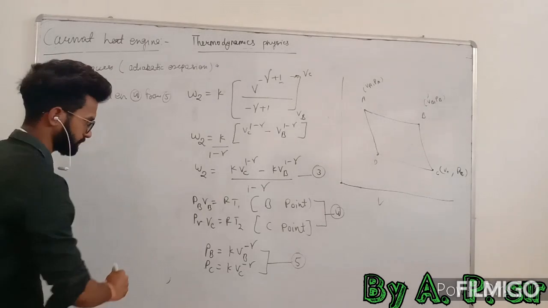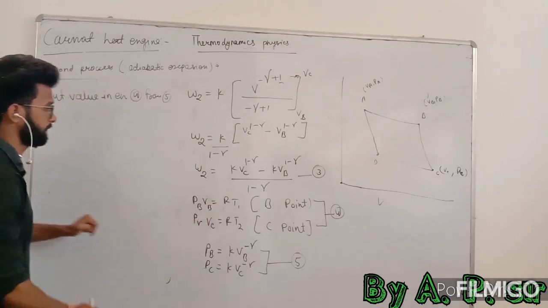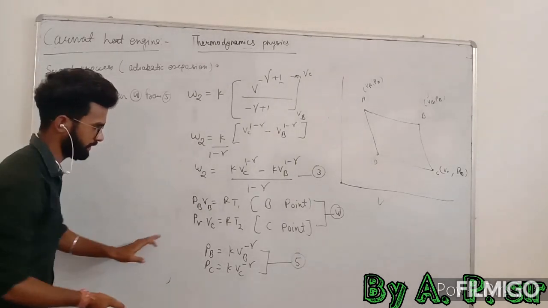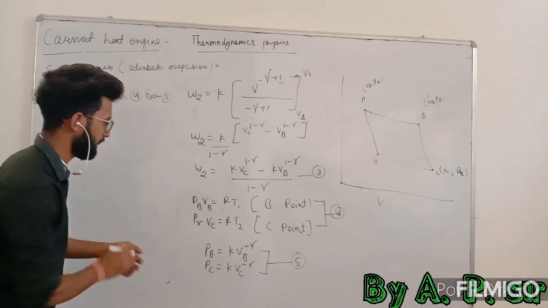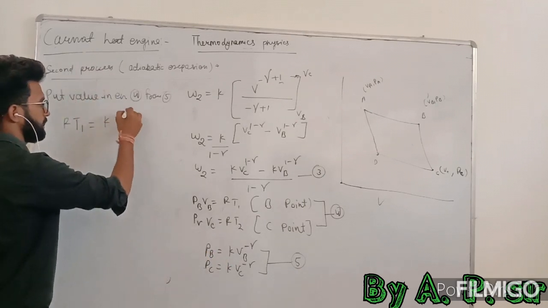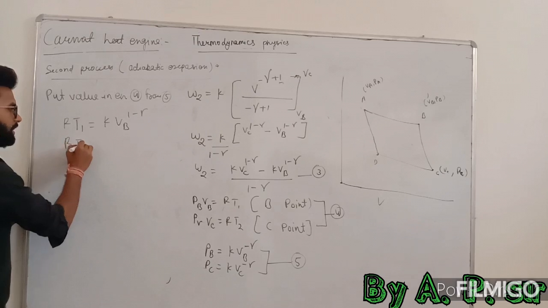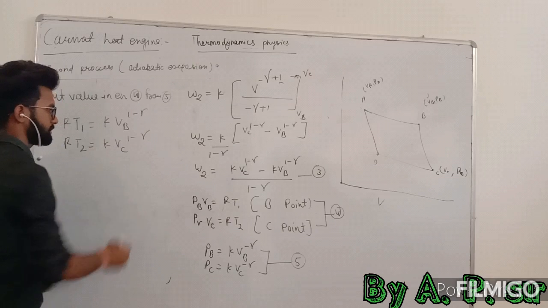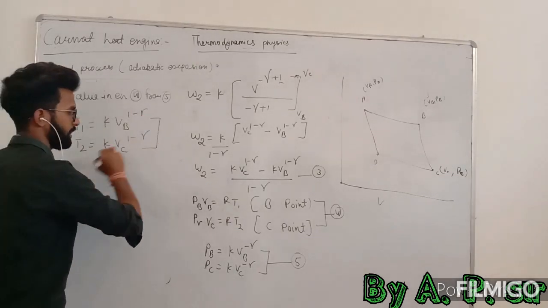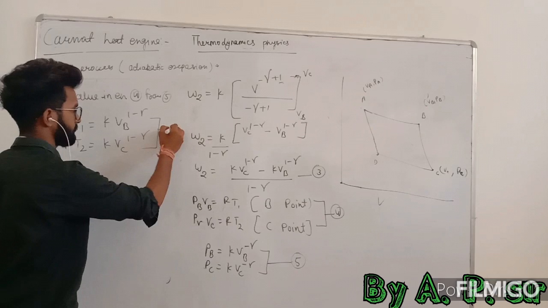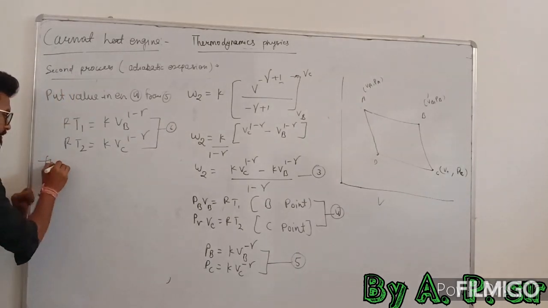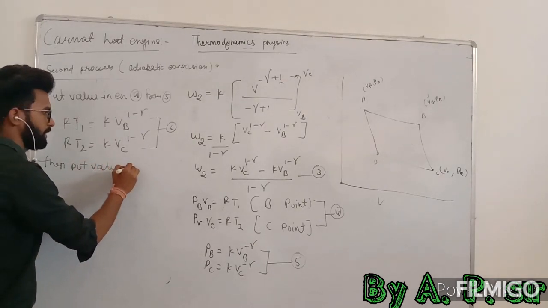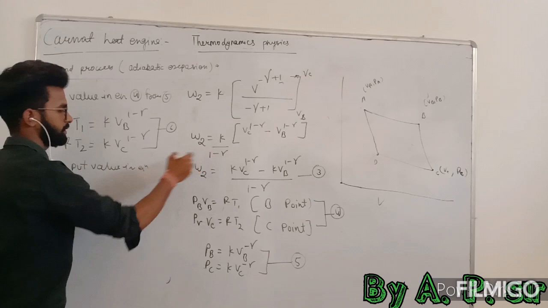Then we put RT1 equals K VB^(1-gamma), and RT2 equals K VC^(1-gamma). This is equation 6. Then put the value in equation third.